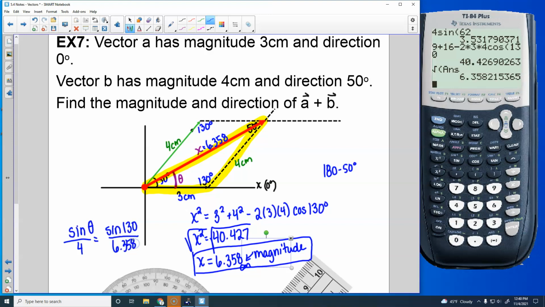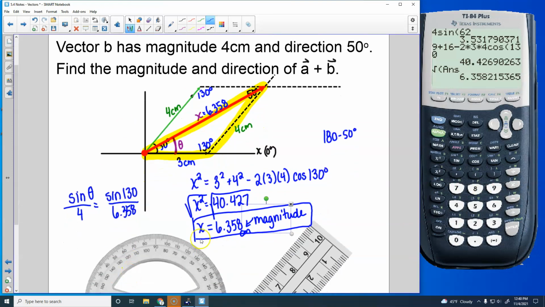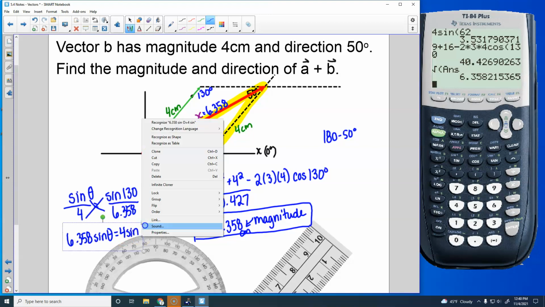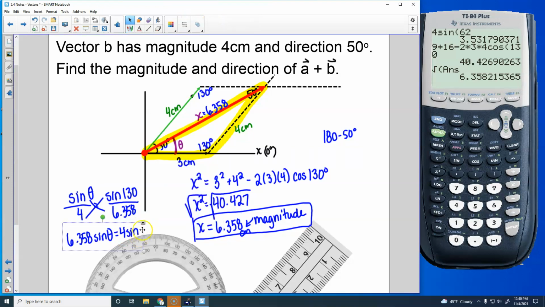It will be better if we save that number in our calculator, or I think we'll be able to get by with just the answer. So we got 6.358 sine of theta equals 4 sine of 130.